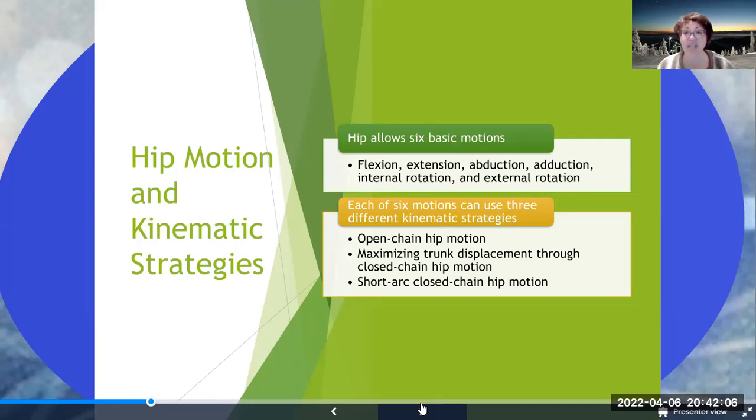Then there's closed chain hip motion, and there are 2 different kinds. The first one is where we maximize trunk displacement, like reaching down to pick something up off the floor, or where we minimize trunk displacement, and basically it's a pelvic tilt, and we'll talk about each different one.